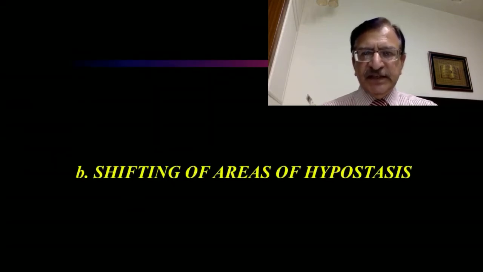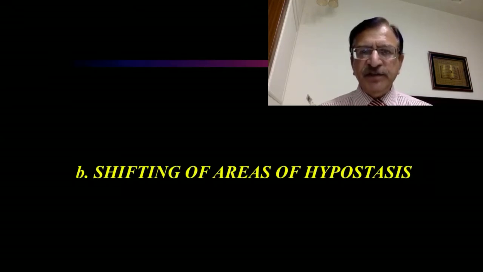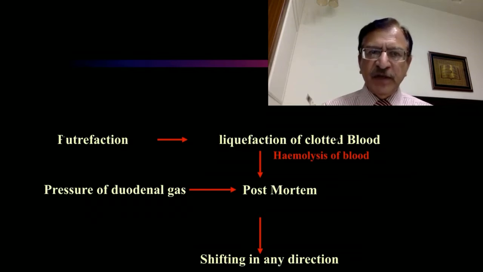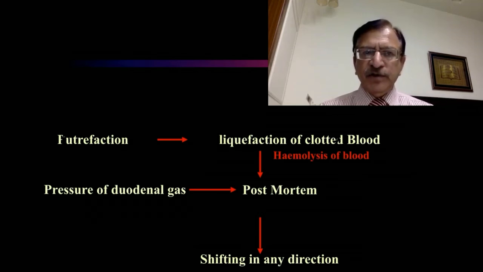Then these gases put so much pressure that the hypostasis, which initially was on the dependent areas, will now shift to any site because of the pressure. Because of the putrefaction, the blood which was clotted will be hemolyzed.